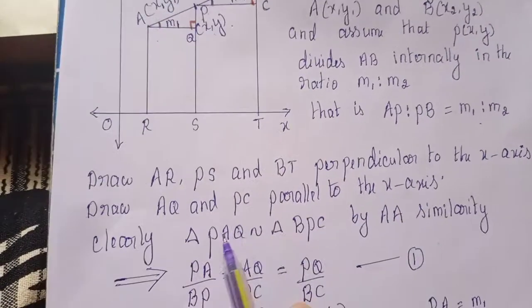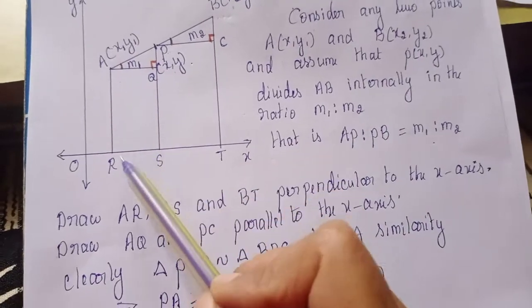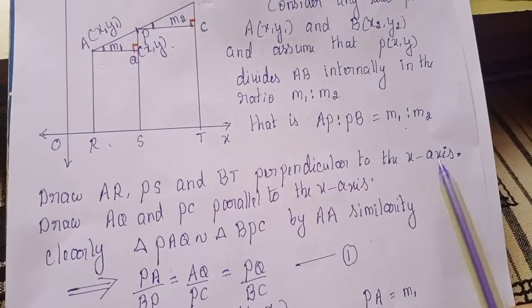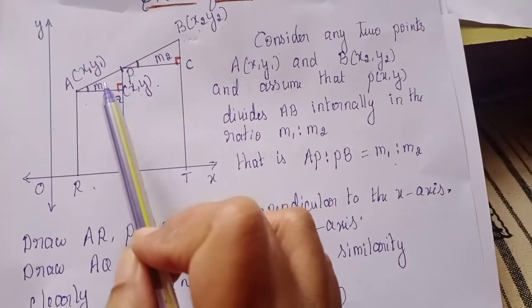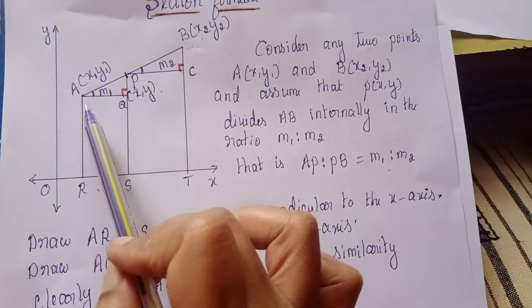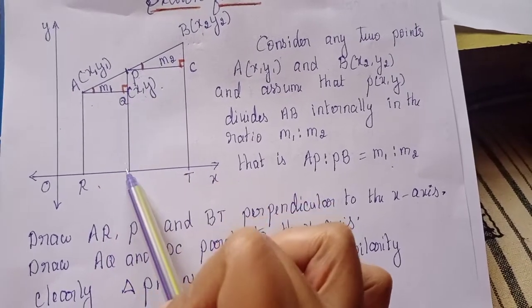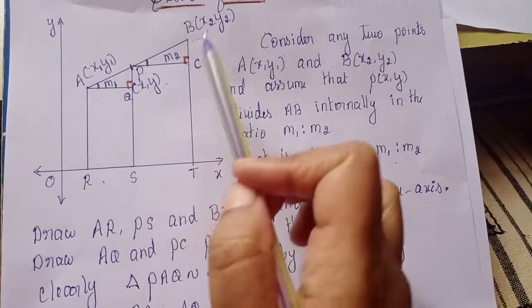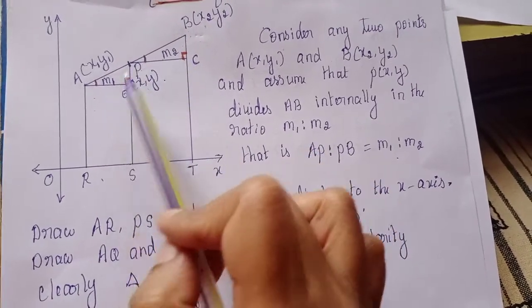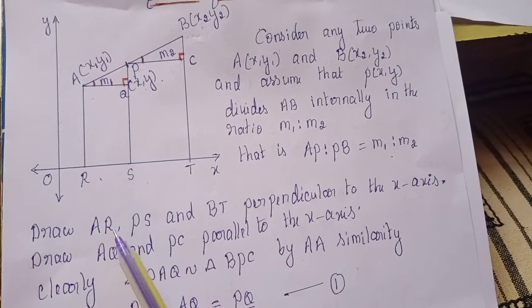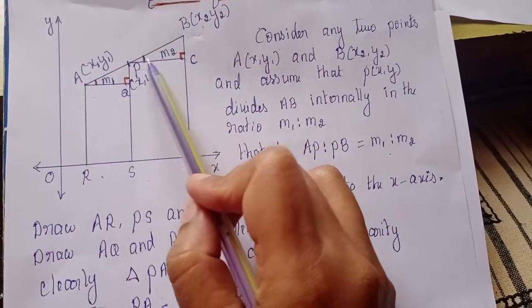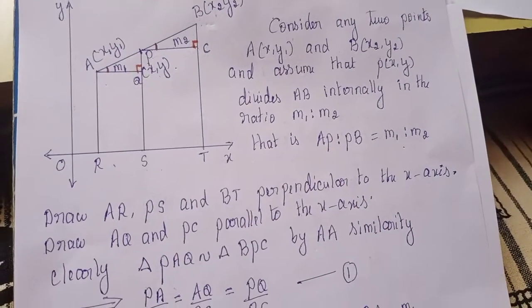For the derivation, you first have to draw AR, PS and BT perpendicular to the x-axis. Also draw AQ perpendicular to PS and PC perpendicular to BT. Automatically you can tell that AQ and PC are parallel to each other, because you can see 90 degrees, 90 degrees. Corresponding angles are equal, therefore these two lines are parallel.